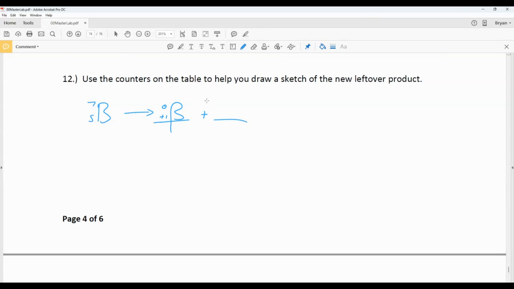But the math is easier to look at this way. 7 minus 0 is still 7. 5 minus 1 is 4, so it kind of looks like we lose a proton, but as it turns out, we don't. So the 4 protons left over is going to be, from the periodic table, beryllium.